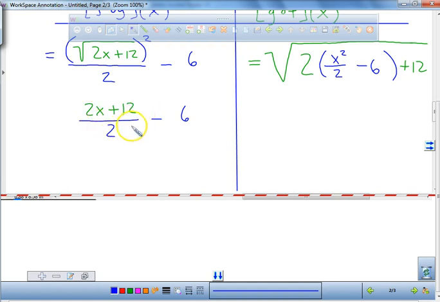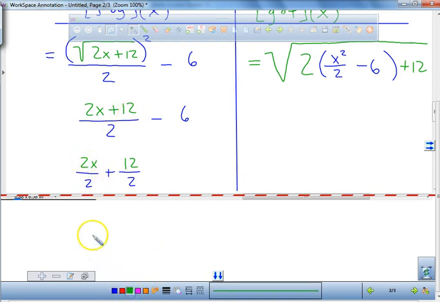And I say yes. Because technically, 2x plus 12, you could rewrite as 2x over 2 plus 12 over 2. See how these have the same denominator? And if you were adding fractions together, the numerator would be 2x plus 12. Now, is 2 divisible by 2?